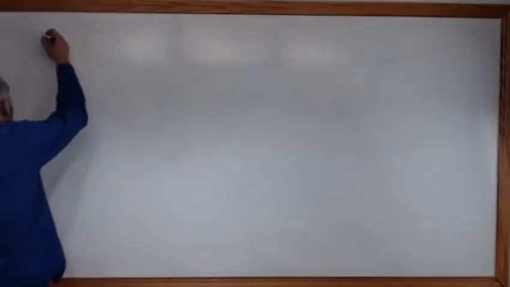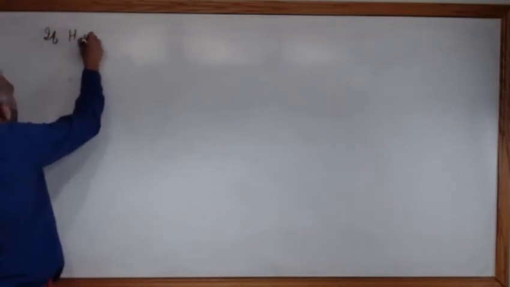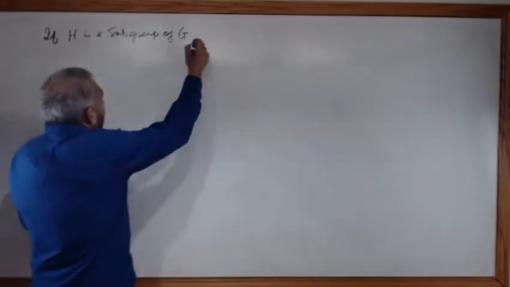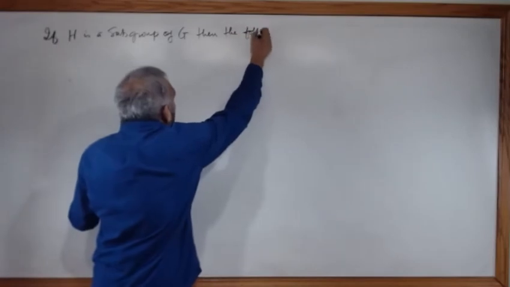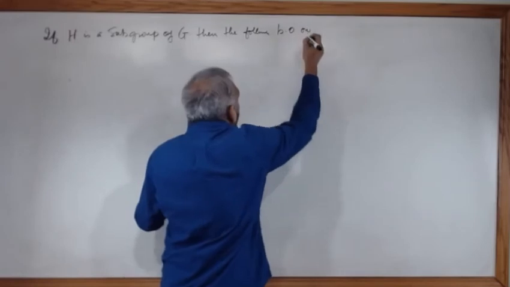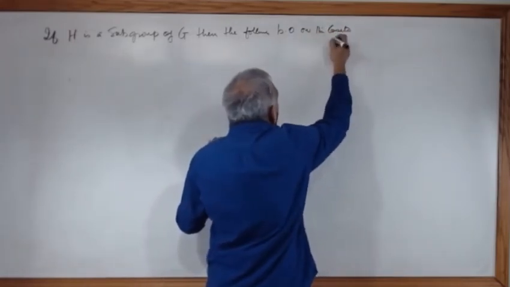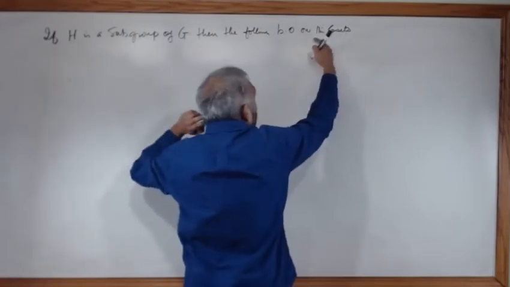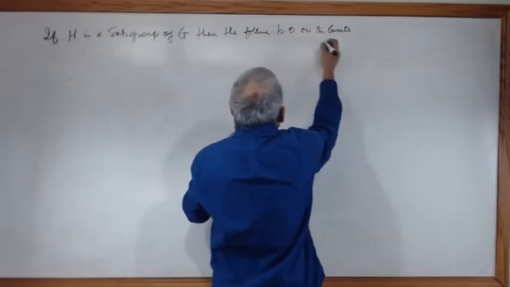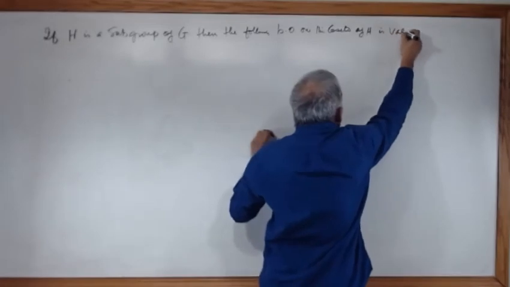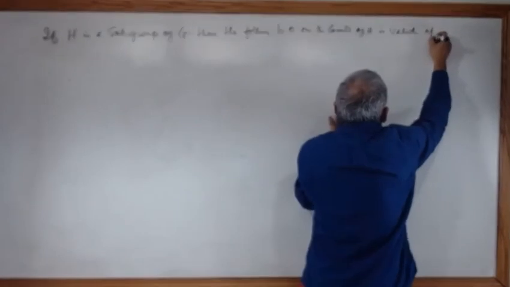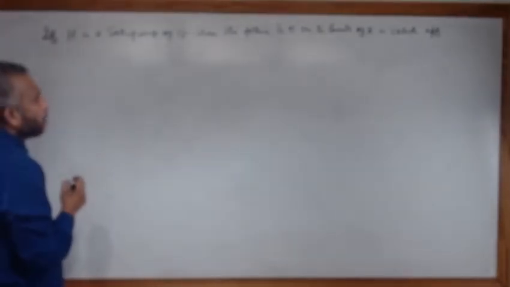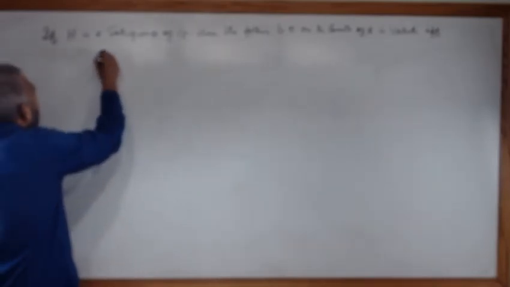So what we have done so far is, if H is a subgroup of G, then the following binary operation on the cosets of H, cosets meaning either left or right cosets, but we are going to impose a condition on H, is valid if and only if H is normal.